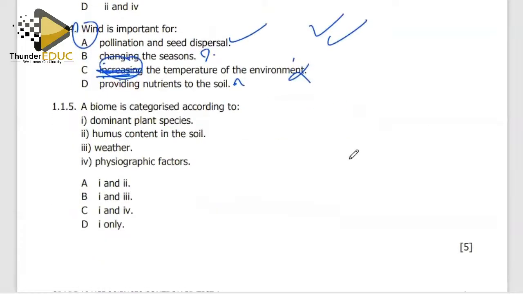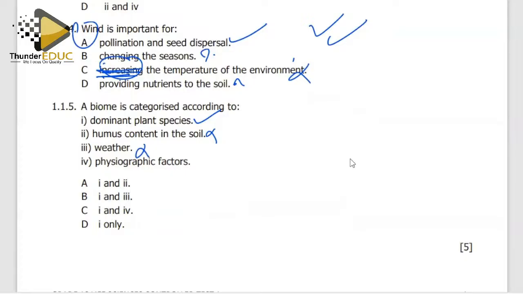Biomes are categorised according to what? Dominant plant species, okay, it looks correct. Humus content, not really. Weather, not really.